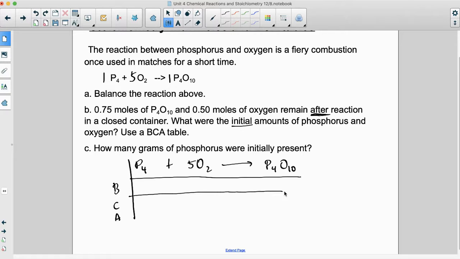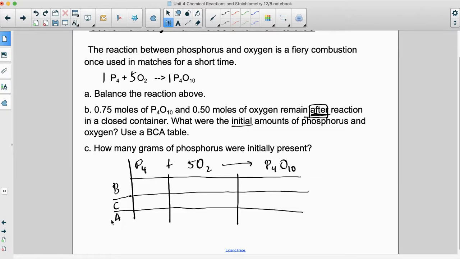Okay, try to make it nice and neat here so that you guys can actually understand it. All right, so again, it says 0.75 moles of P4O10, 0.5 moles of oxygen remain after the reaction. Key word here, after. So we're doing the after line here.